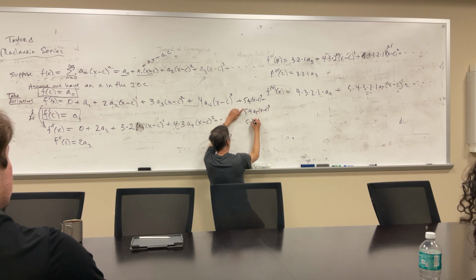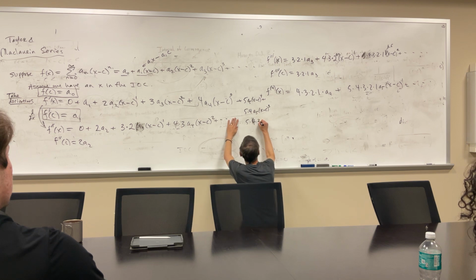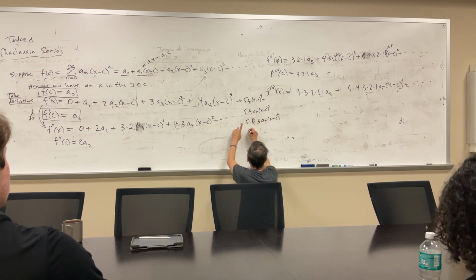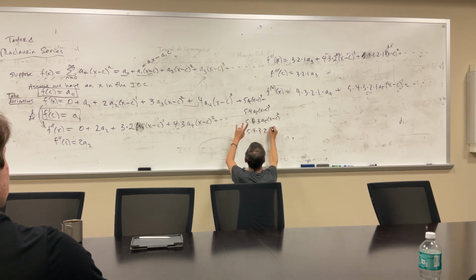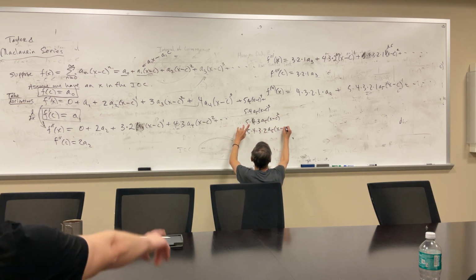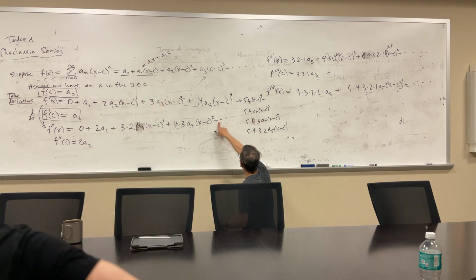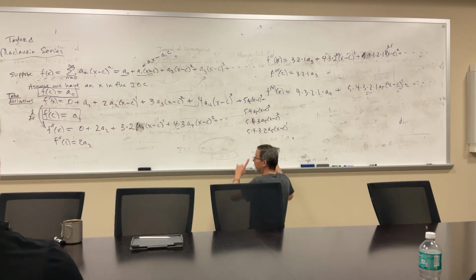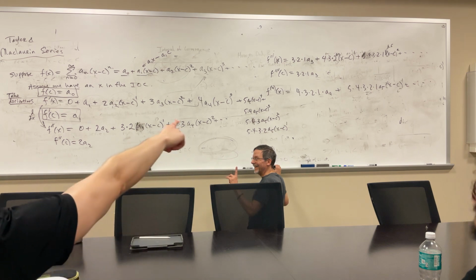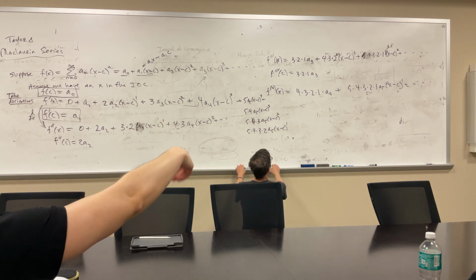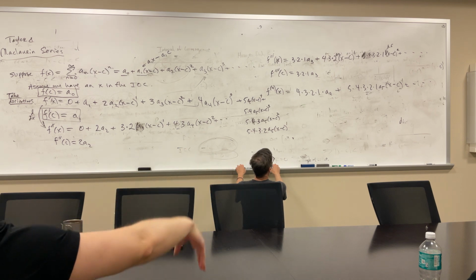Then the next time that 3 is going to come down front. And then I do it again. The reason I was getting confused is because up there it says 5 times 4 times 3 times 2 times 1, A5, x minus c squared.